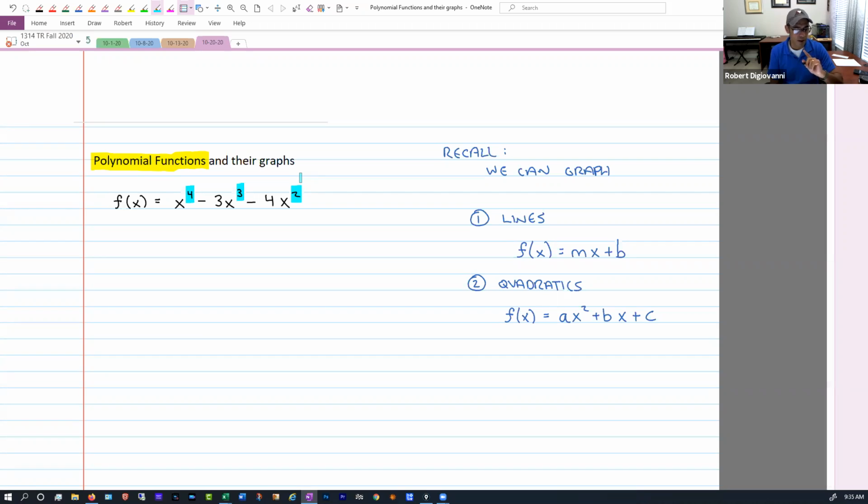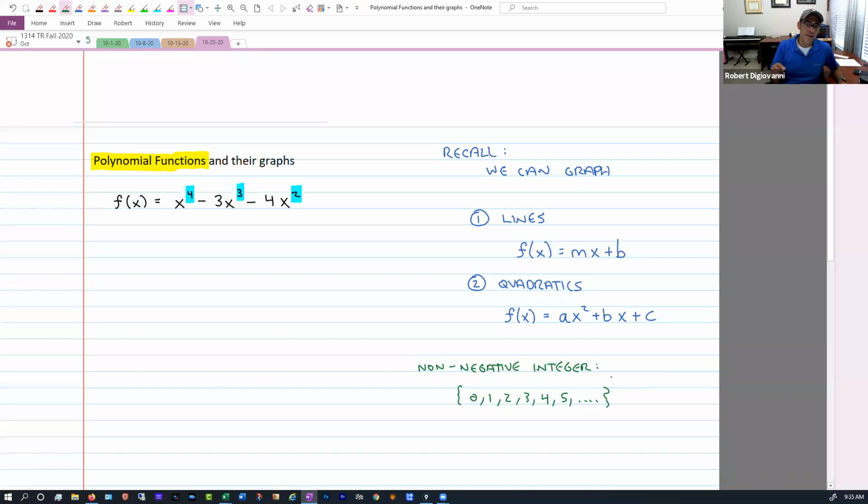Now, what do I mean by non-negative integer? A non-negative integer is a number that comes out of this list of numbers: 0, 1, 2, 3, 4, 5, forever and ever.